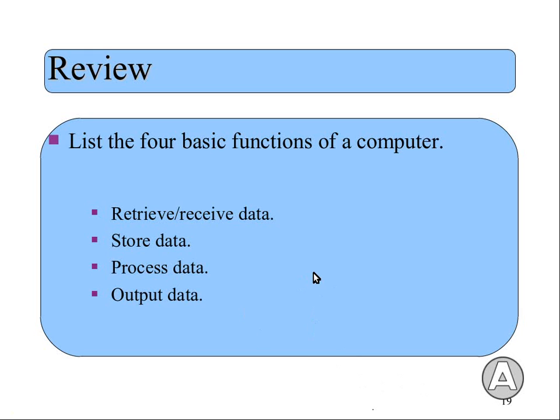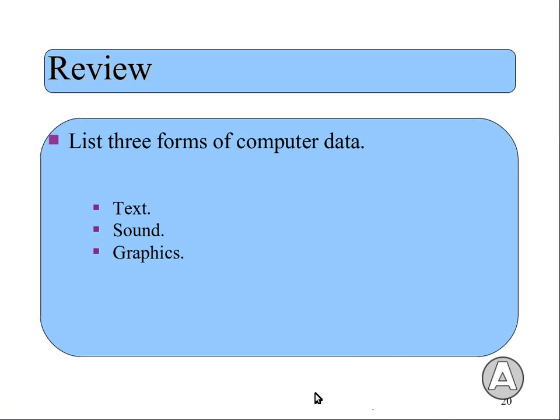Can you list 3 forms of computer data? The most common examples might be text, such as letters and numbers, sound, such as music and speech, or graphics, such as pictures and videos. But there are many other possibilities for computer data.